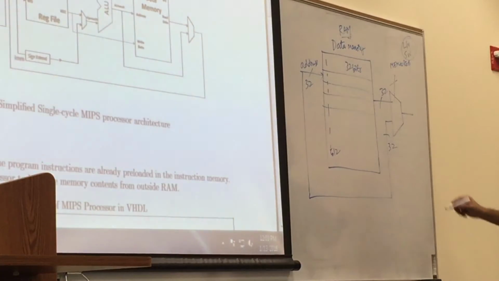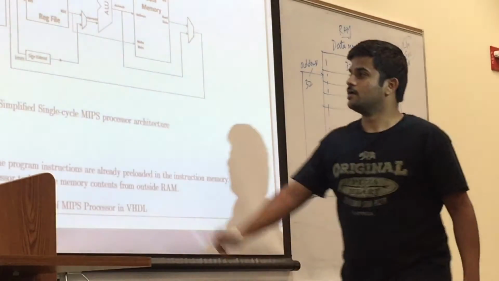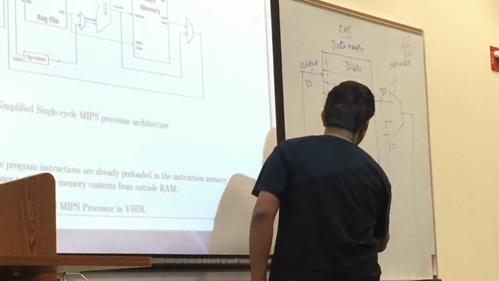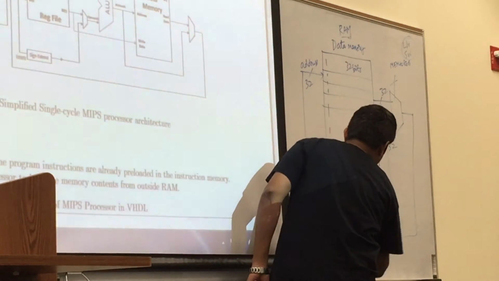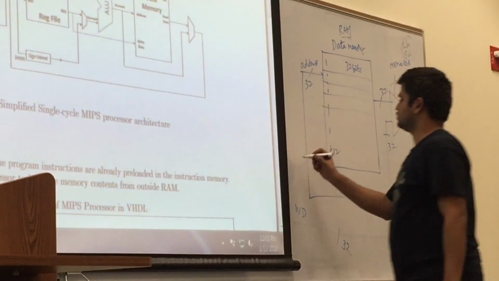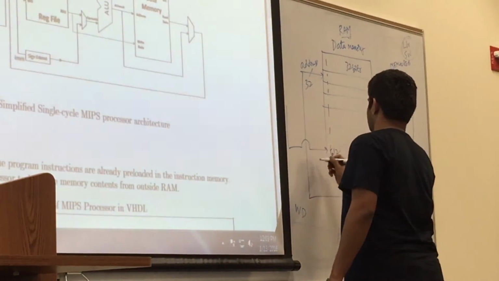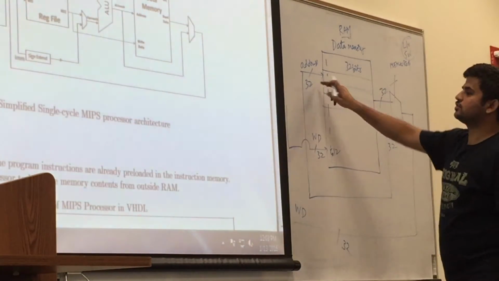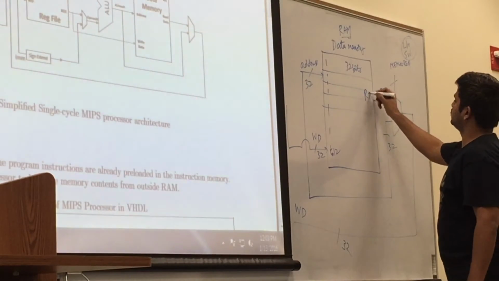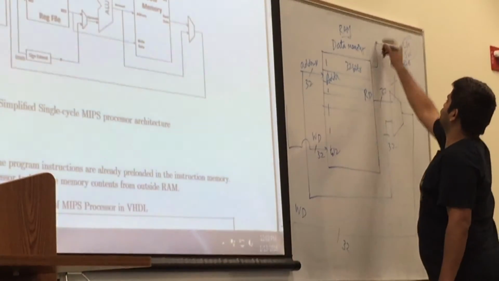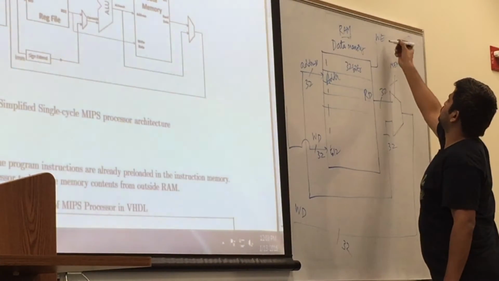I'll go through the select lines later. This goes back to your register file, write data, which is 32 bits. And you have write data, a 32-bit address, and read data, and this is the address, and you have write enable.